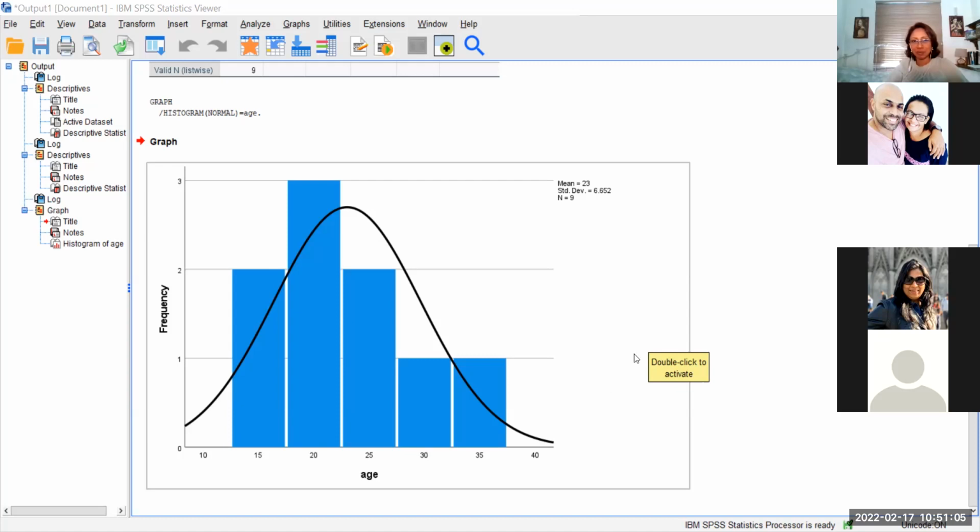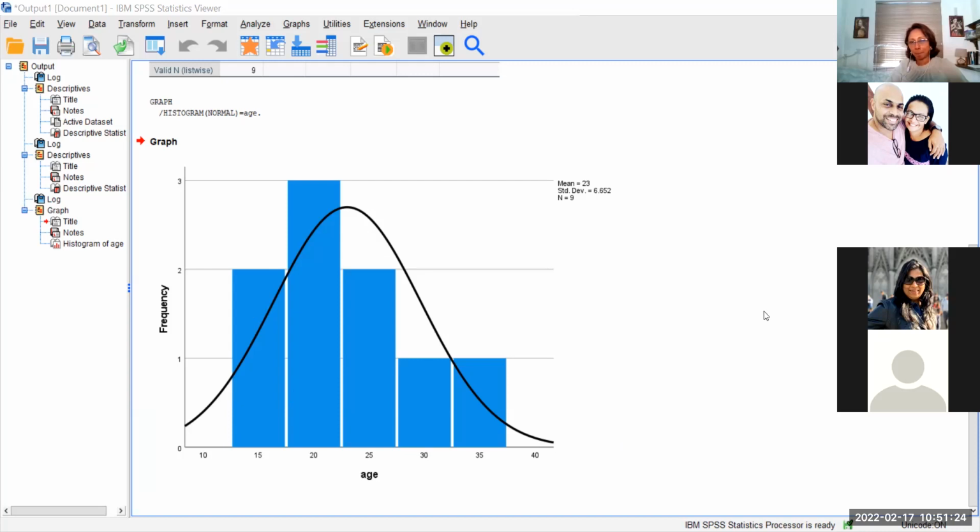What can you say about the curve? Anybody else have any idea about this curve? What do you think this curve is? Dhanusha thinks it's positively skewed.